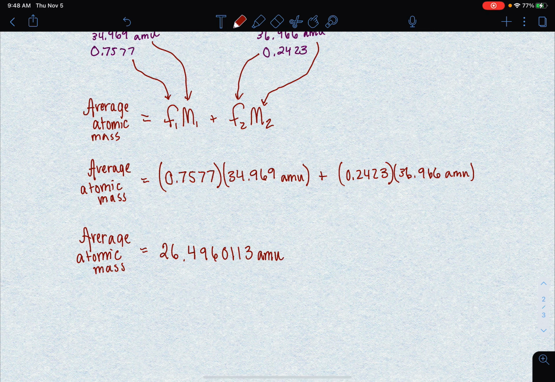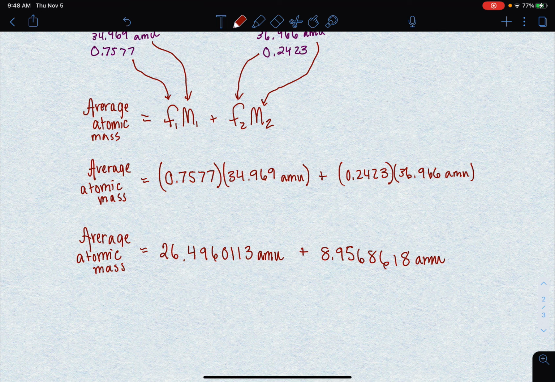The unit will be atomic mass units. And then the other one, 0.2423 times 36.966 is 8.9568618. Okay, so I just multiplied those parentheses together.